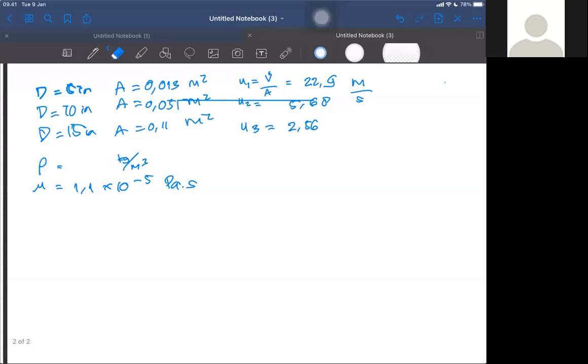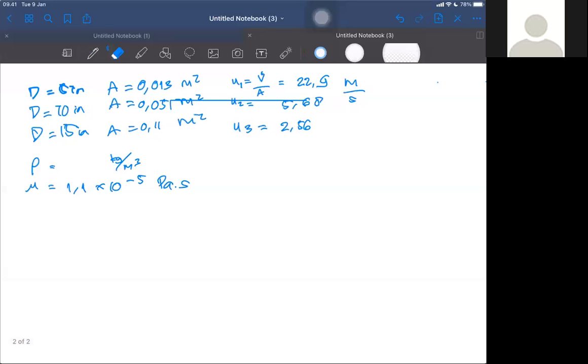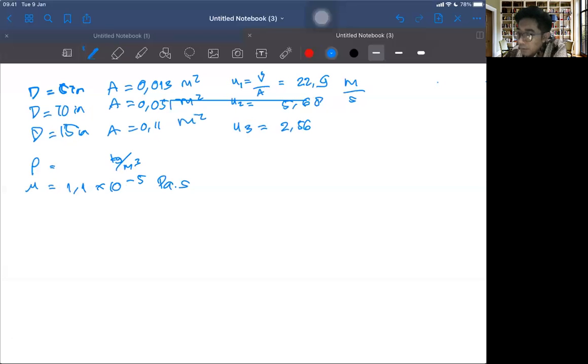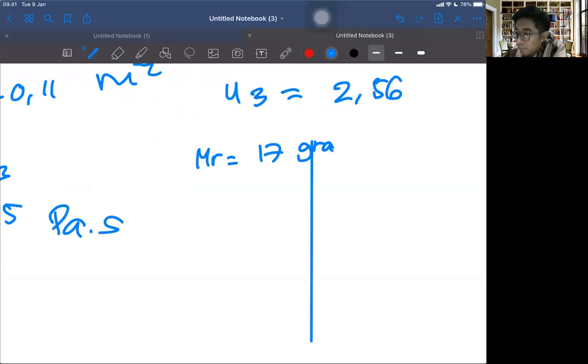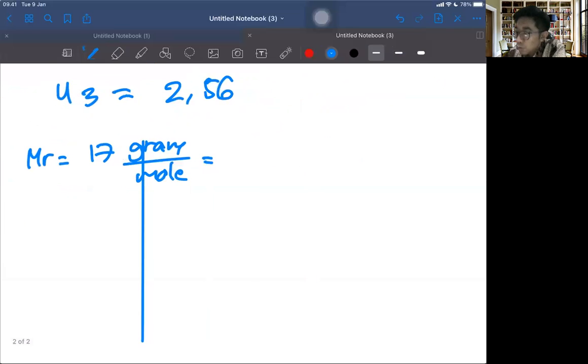If I'm not wrong, should we change it to kilograms? Yes, the MR is 17 in gram per mole, so you should change it into kilogram per mole.